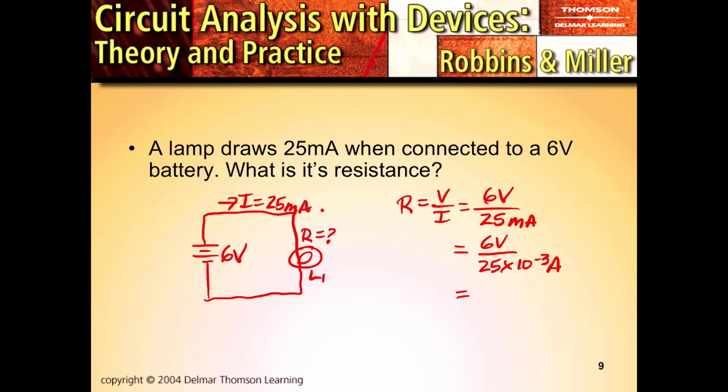If we take our 6 volts and divide it by 25, our result is going to be in kiloamps, right? So let's try that. 6 divided by 25, the result is 240 times 10 to the minus 3 kiloamps, which we know as a result is going to be 240 ohms.